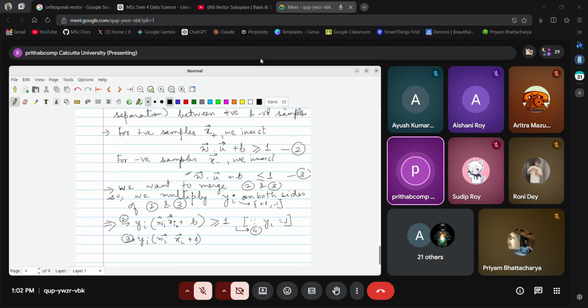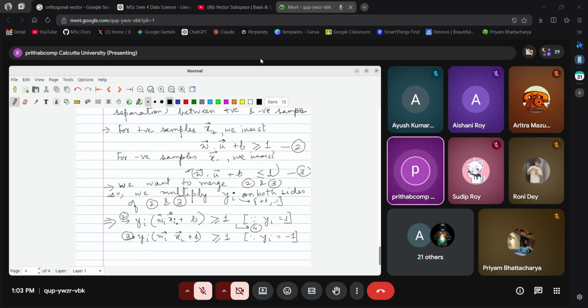Then we can write this one also as 1, because this entire thing is getting multiplied by a -1. So this equation now becomes yi into wi xi plus b is greater than equal to 1, since yi is equal to -1 for the negative class.